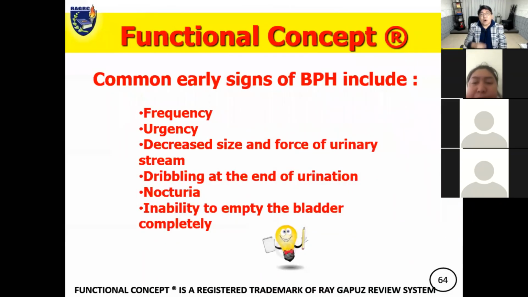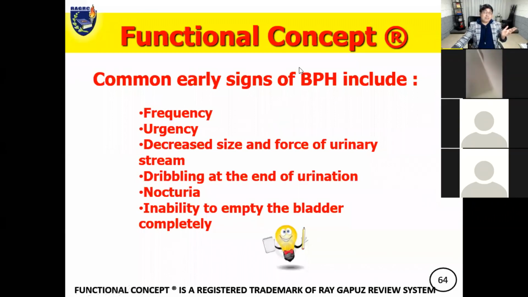So what are the common early signs of BPH? Frequency, frequent urination, urgency, they always feel the need to void, decreased size and force of urinary stream, dribbling at the end of urination, frequent urination at night, and inability to empty the bladder completely, okay? Now, focus on this group of manifestations.